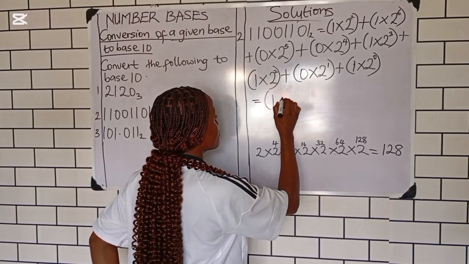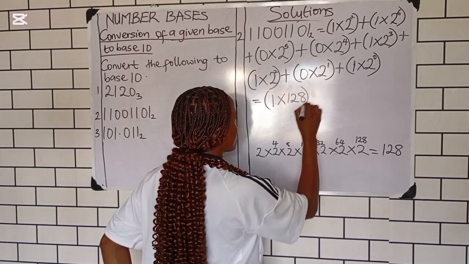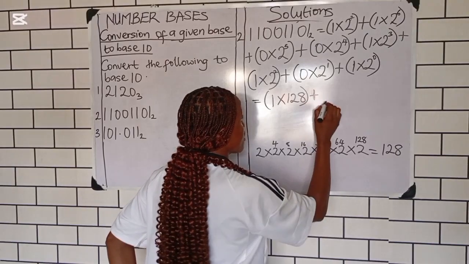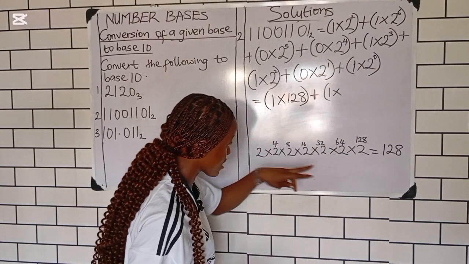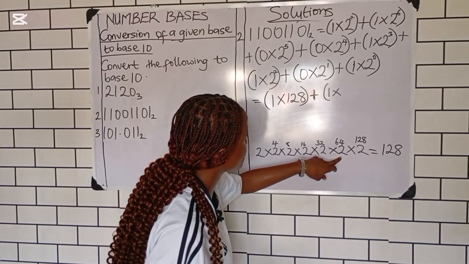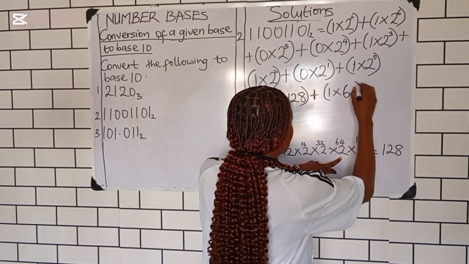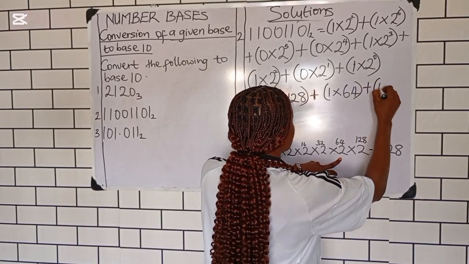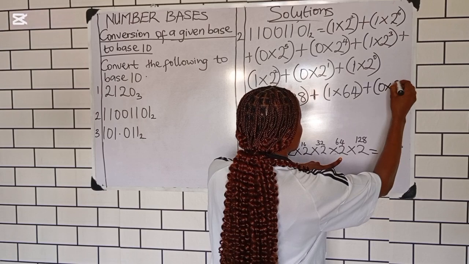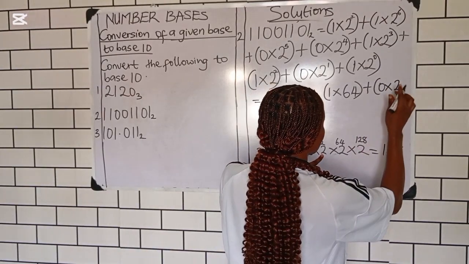Bracket 1 times 128, close bracket, plus open bracket, 1 times 2 raised to power 6 here should be 64. We have our 64, bracket, plus open bracket, 0 times 2 raised to power 5. 2 raised to power 5 here should be 32.